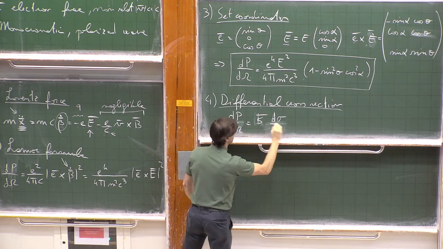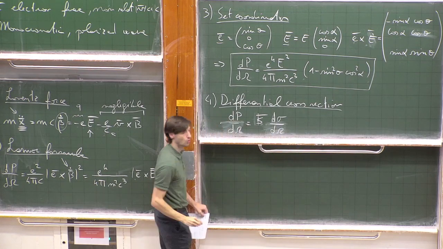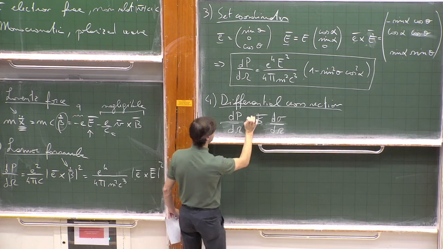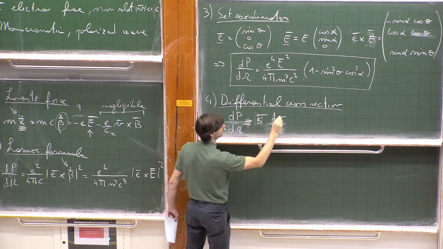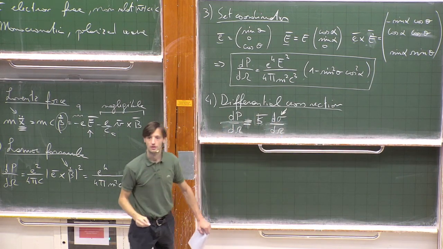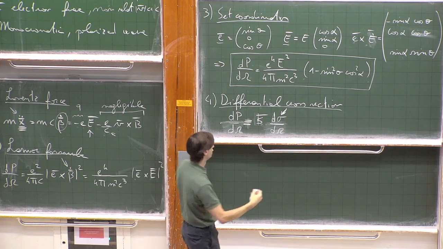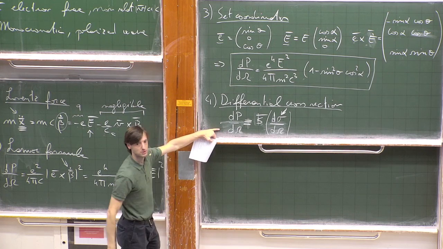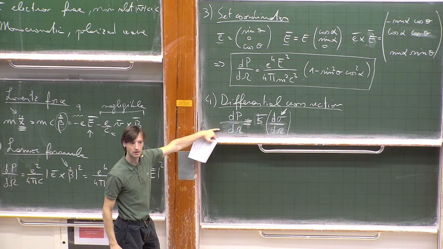And then we just evaluate it per unit of solid angle. If you want, this is the definition of the cross-section. So we are asking ourselves, what is the cross-section that allows this construction? That's how we define the cross-section.